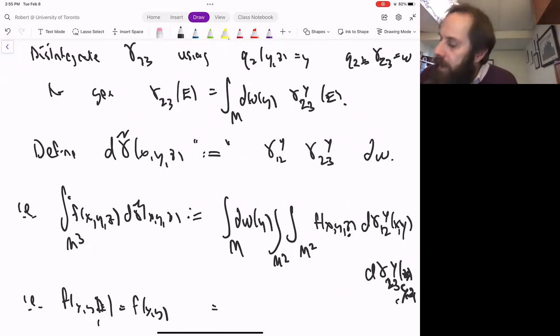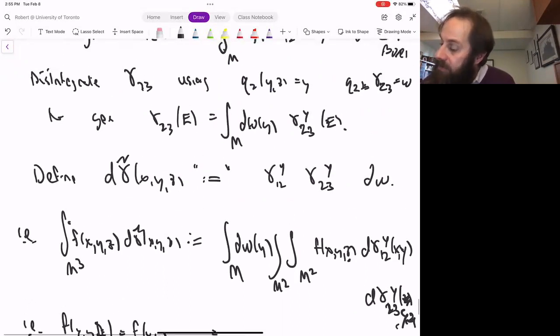Okay, let me see. I feel like I'm out of time and I should clean this up, maybe at the beginning of next class, to just finish this proof that once I've done these disintegrations, I can build the measure that I want.